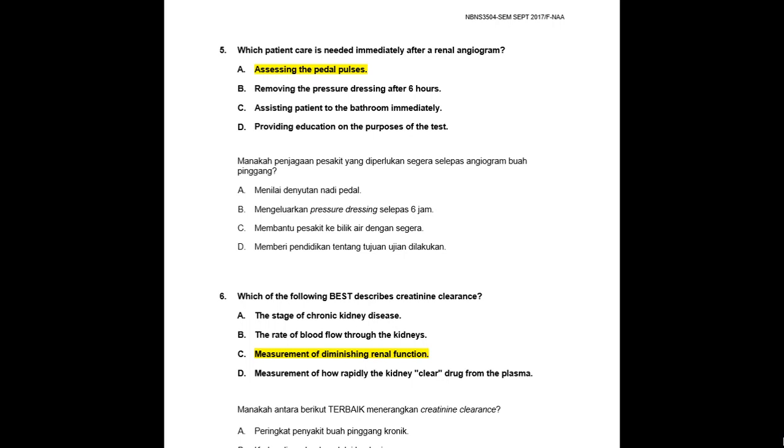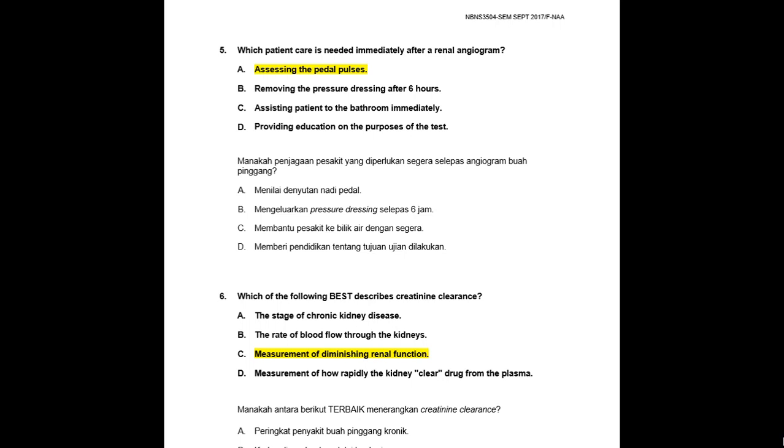So answer D we can reject, because providing education should be done before the test, not after the test. So what's the best answer among answer A, B and C?